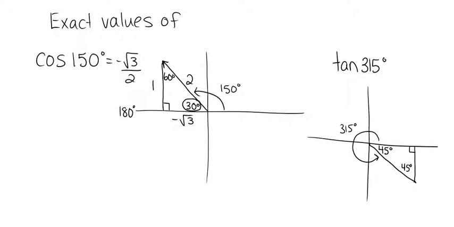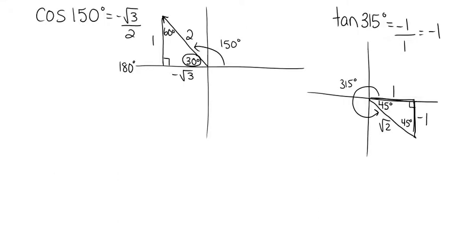And if I draw my side lengths, I know this is 1, this would be negative 1, and this would be root 2. So now I know that tan of 315 is equal to opposite over adjacent, so negative 1 over 1, which is just negative 1.